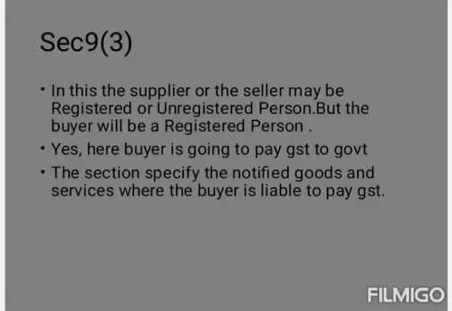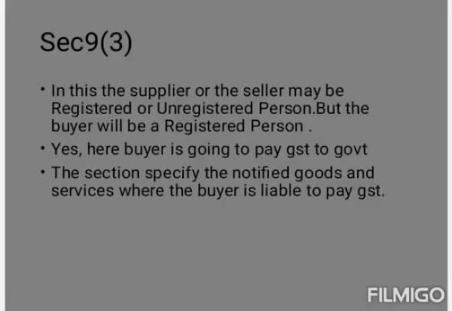As I told you, in the reverse charge mechanism, the buyer alone has to pay tax. On what certain conditions he will pay tax, we're heading towards that. The section specifies the notified goods and services where the buyer is liable to pay GST. That means whenever the buyer avails of these notified goods or notified services, in those conditions the buyer has to pay GST to the government, but not the seller.